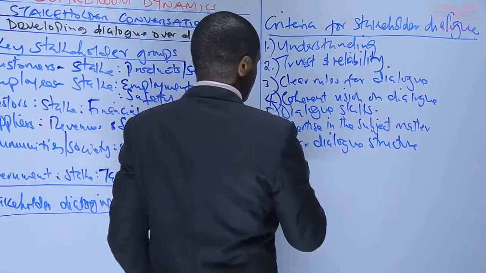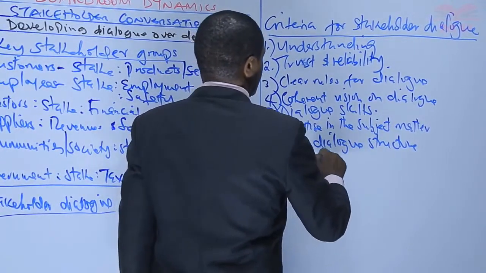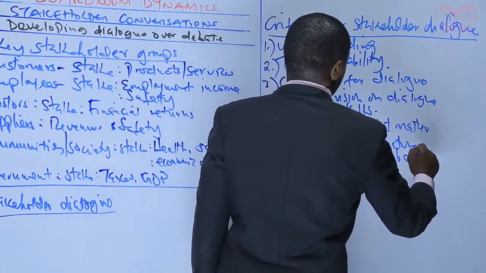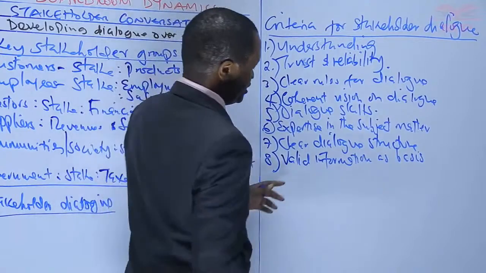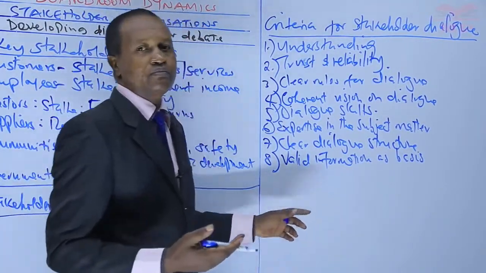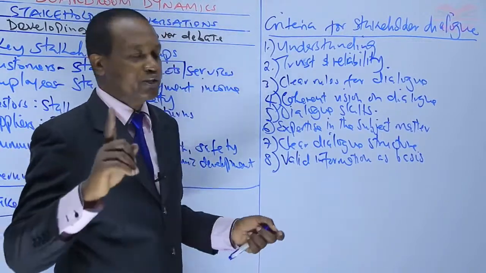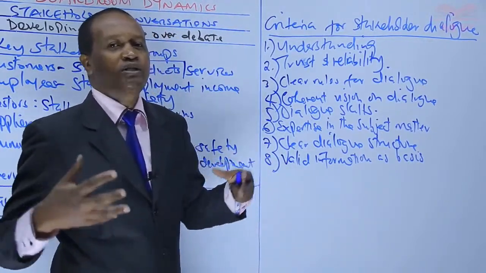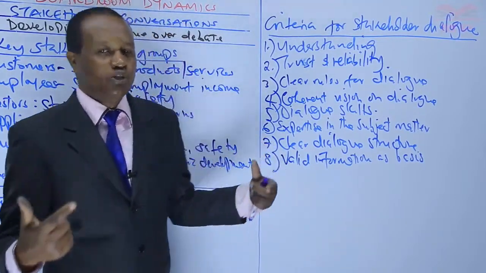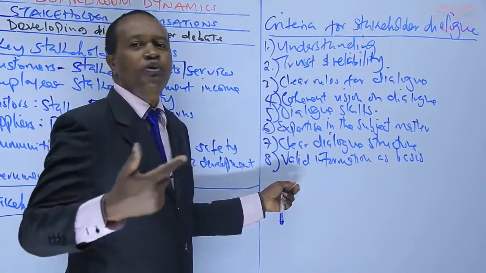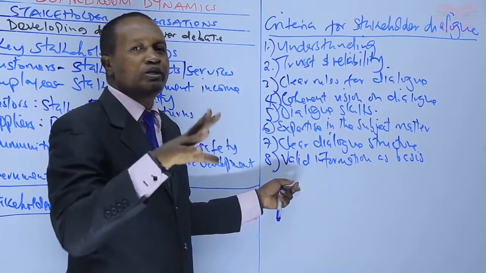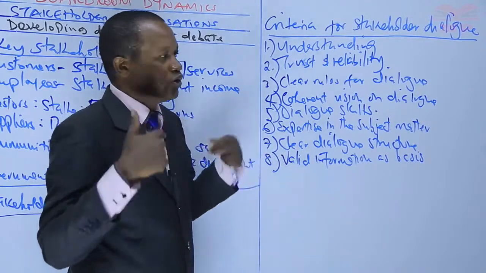8, valid information as basis. Now, the dialogue is usually based on information the parties present about the actual situation, and that results in a natural inclination to manipulate the facts or to present only those facts that fit with one's own agenda.